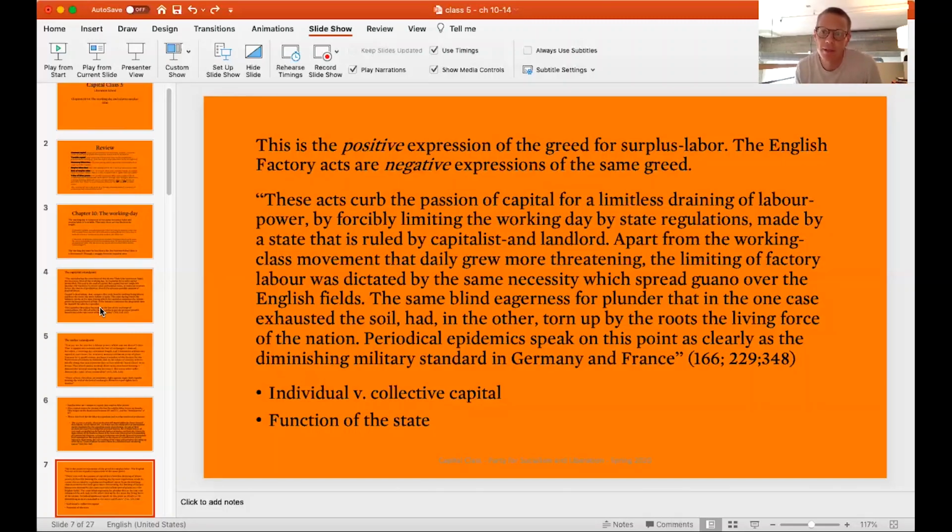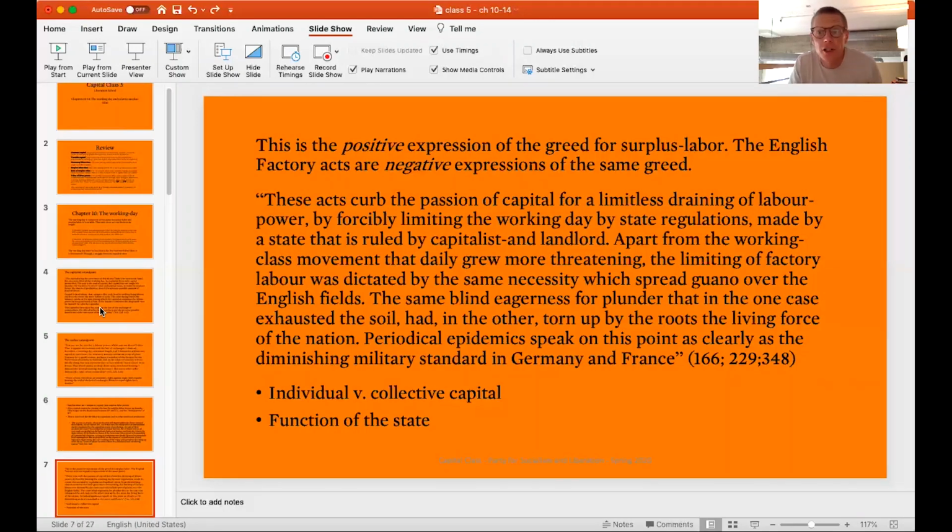And this is one of the things that happened with the New Deal after the Great Depression. And we see it also at work when really rich ruling class people like Bill Gates and Warren Buffett talk about higher taxes on the rich. They're basically making an argument that it's against my individual interests as a capitalist, but it's in my interest as a member of the collective capitalist class, right?